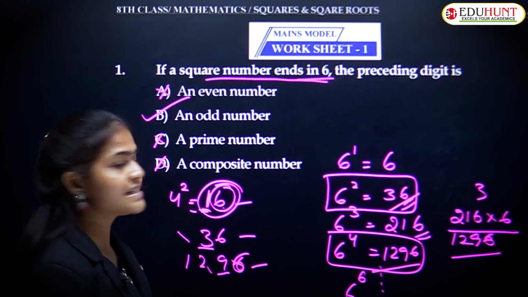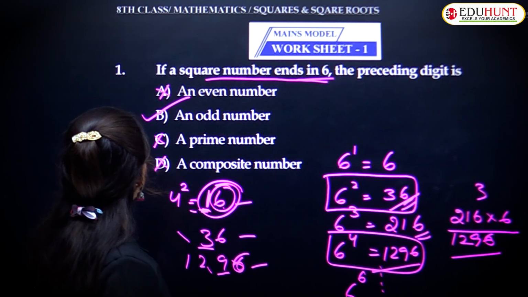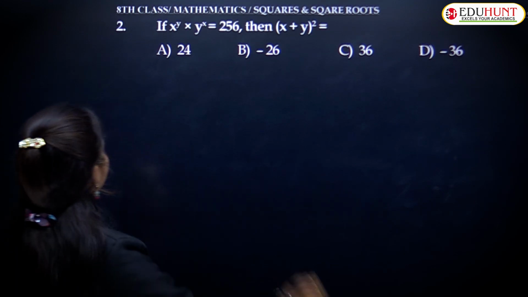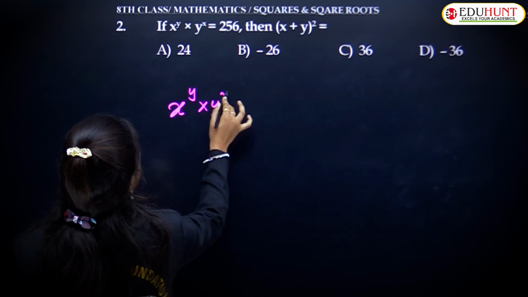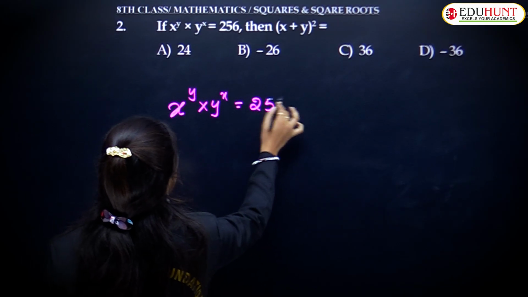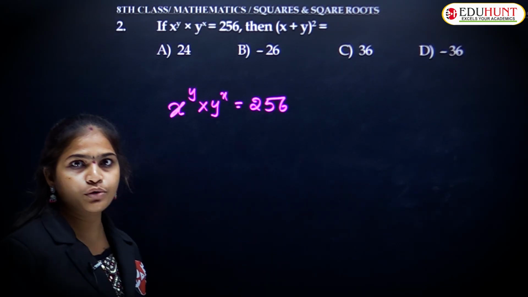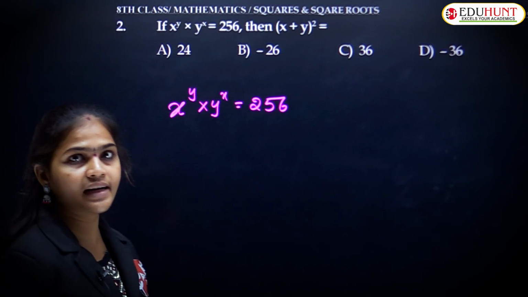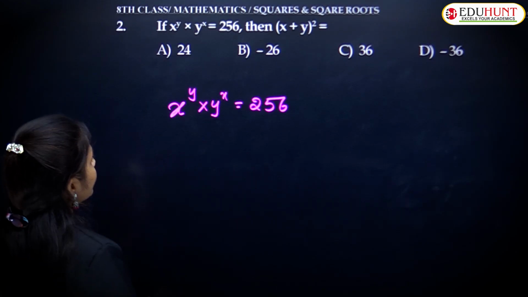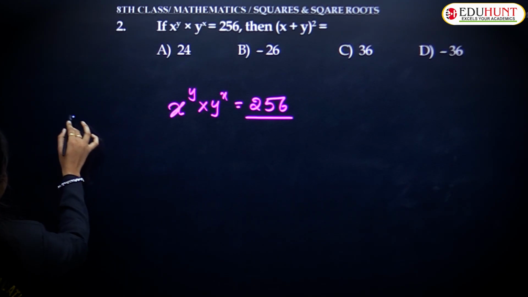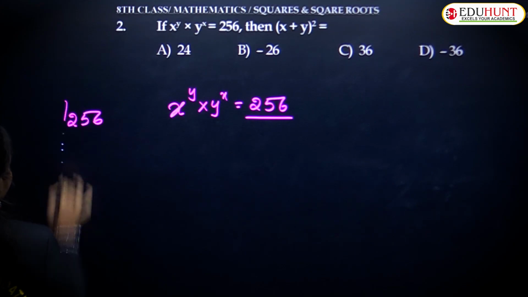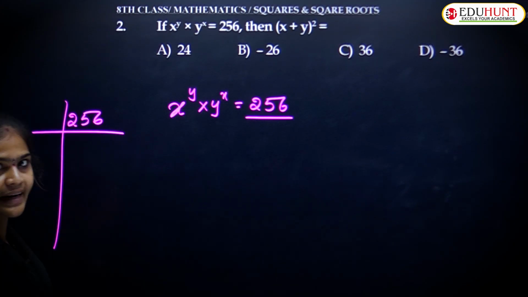Let us check the second question. What is given in the second question? If x power y into y power x is equal to 256. Children, here you just have to write the prime factorization of 256. The prime factorization of 256 is 2 power 8 only, no?